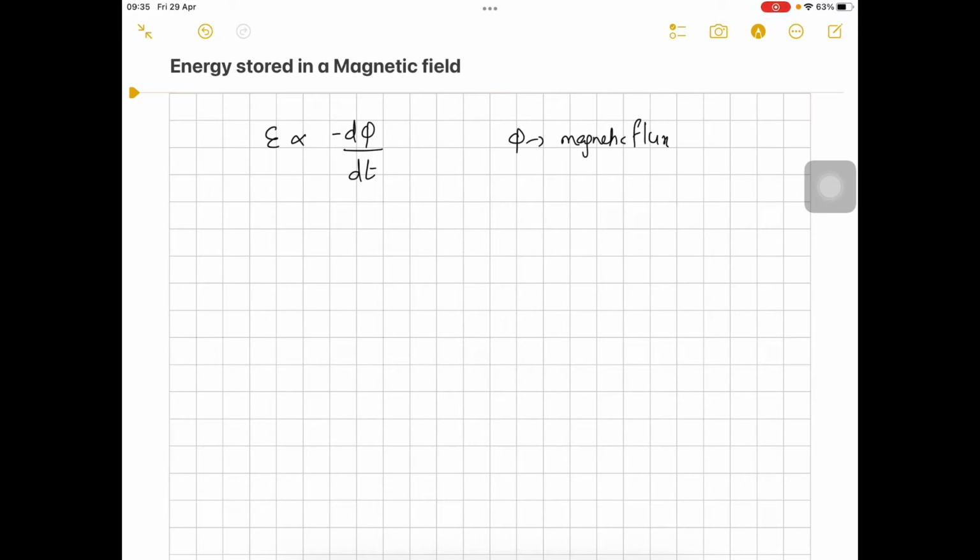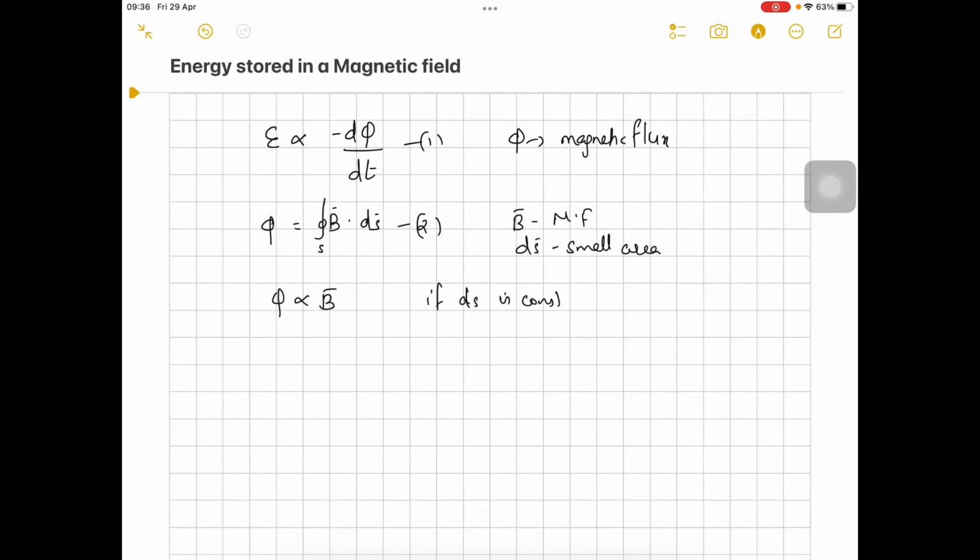Here phi is the magnetic flux, and we know the magnetic flux phi is equal to the surface integral of B dot ds. Here B is the magnetic field, and ds is the small area. So from equation 2 we can find that phi is proportional to B if ds is constant.